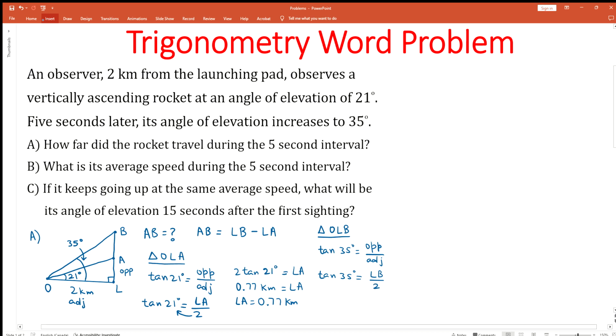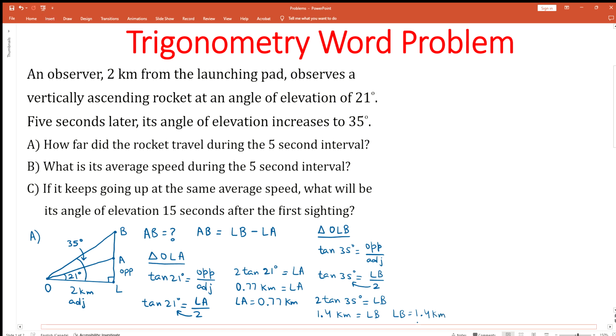Next, we can cross multiply 2 to the left side of the equation. Two times tan 35 degrees is equal to 1.4 and the unit is kilometers. Therefore, the length of side LB is 1.4 kilometers.